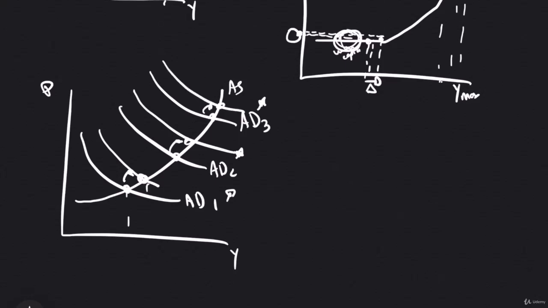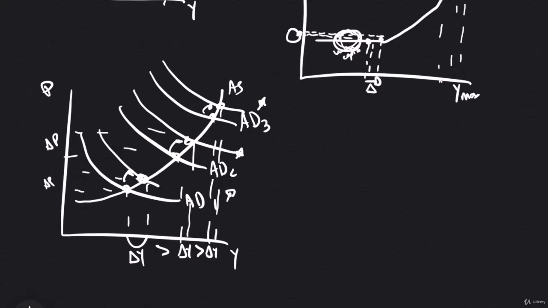So down here, I will benefit from larger changes in aggregate output. So this is obviously bigger than this, and this is bigger than this. And the change in P, the increases in price levels, are going to be significantly larger over here than they would be here.